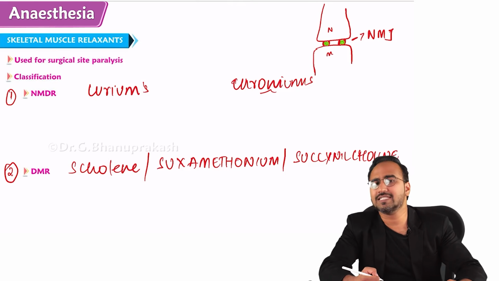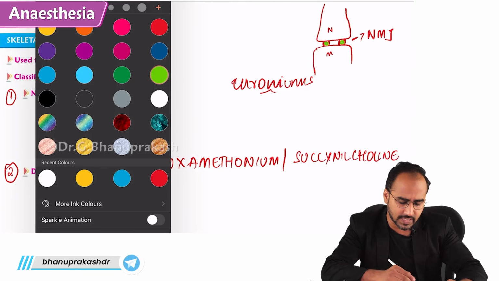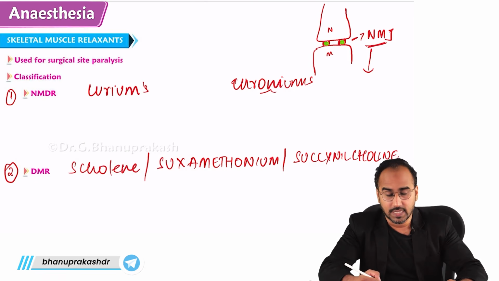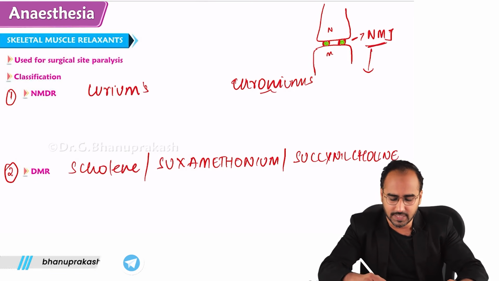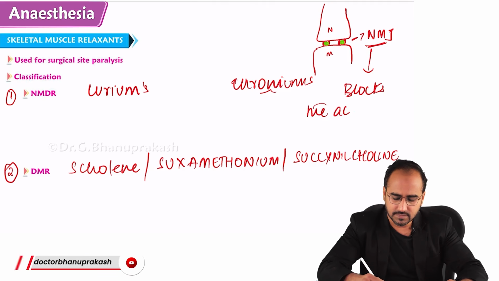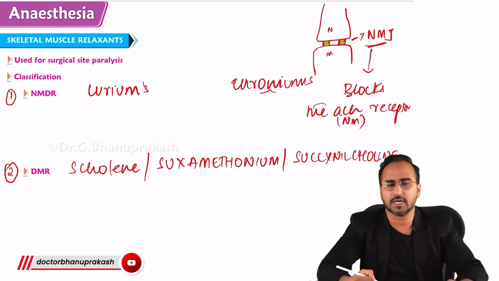So remember, guys, the muscle relaxant works on the neuromuscular junction. What is the mechanism of the muscle relaxant? It works on the neuromuscular junction and blocks the acetylcholine receptor, also called the NM receptor.